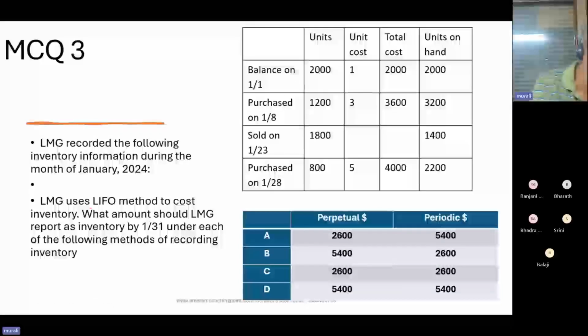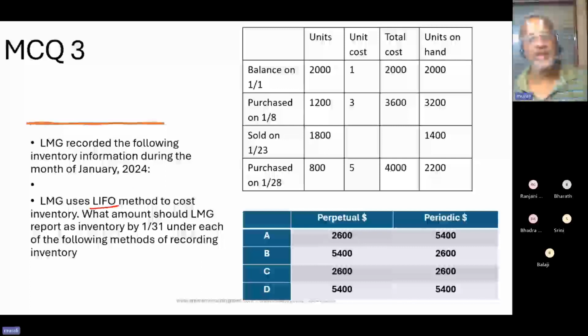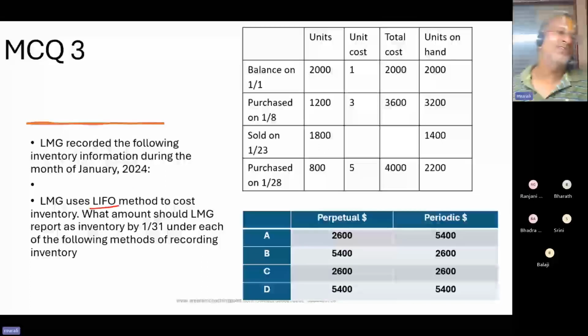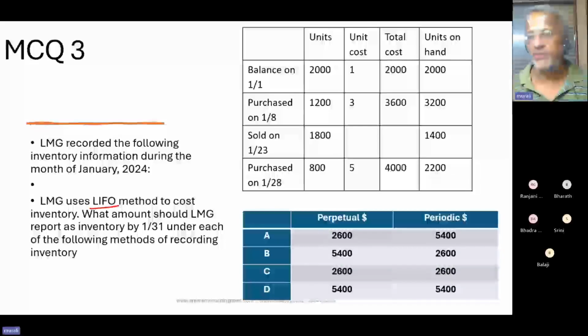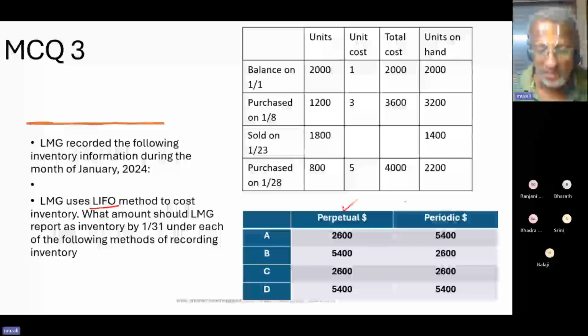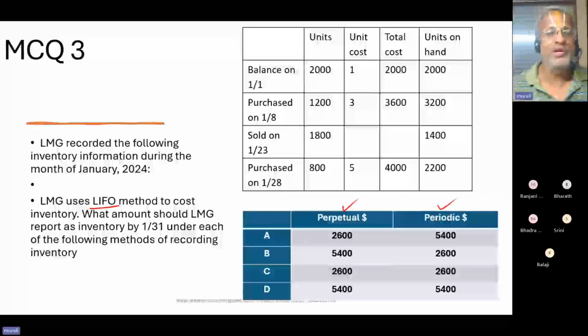The method that they are using is LIFO. Can you tell? Come on. Just now we have done one exercise about what is periodic and what is perpetual. But here, perpetual first, periodic later. Here you have opening stock and unit cost given. When you multiply these two, you get this.